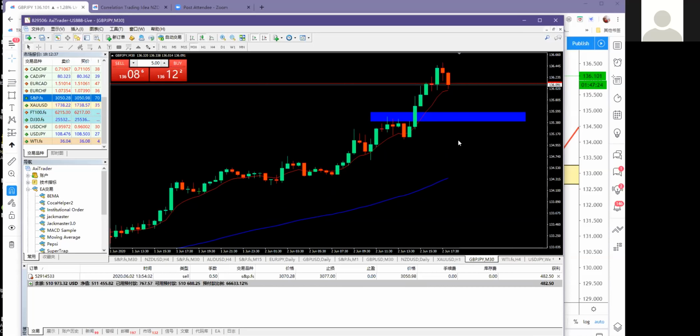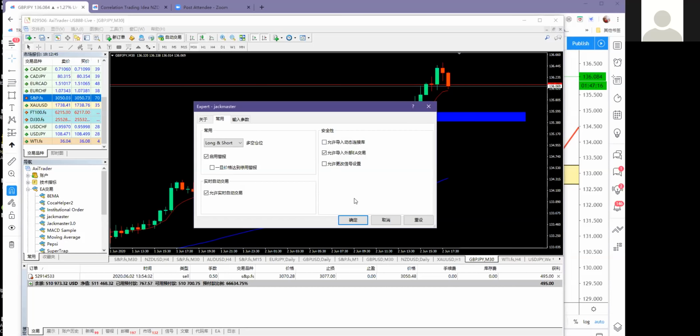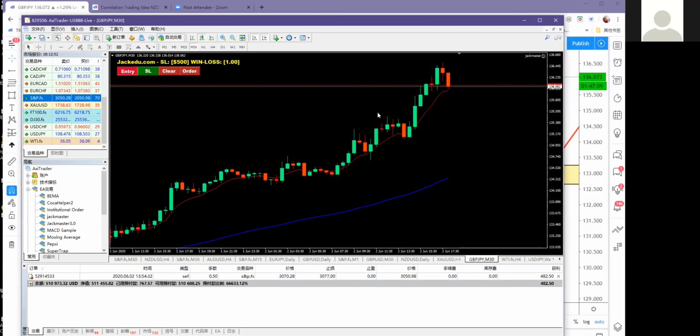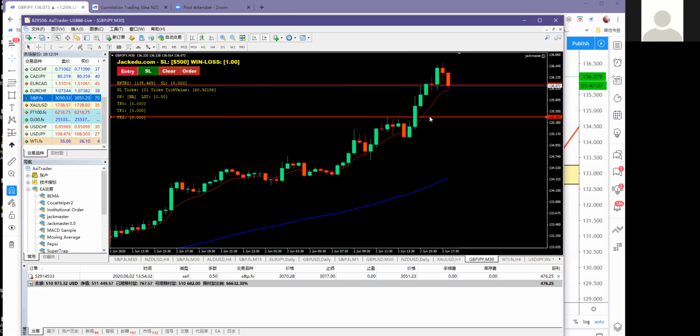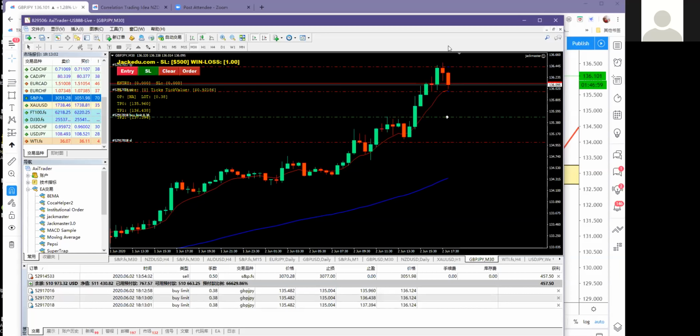If I'm using the Jack Master, let me show you. Again, $500 risk. My entry will be here, stop loss will be here. I'm going to click order. Done.